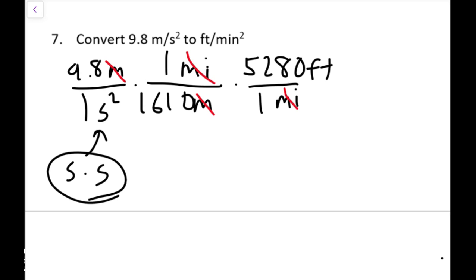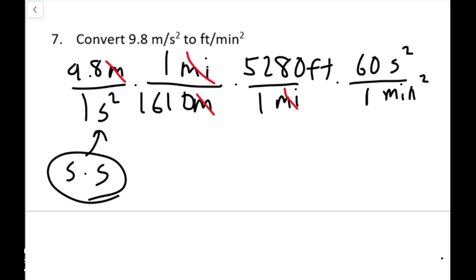Now I want to go from seconds squared to minutes squared. Now, there are 60 seconds in 1 minute.